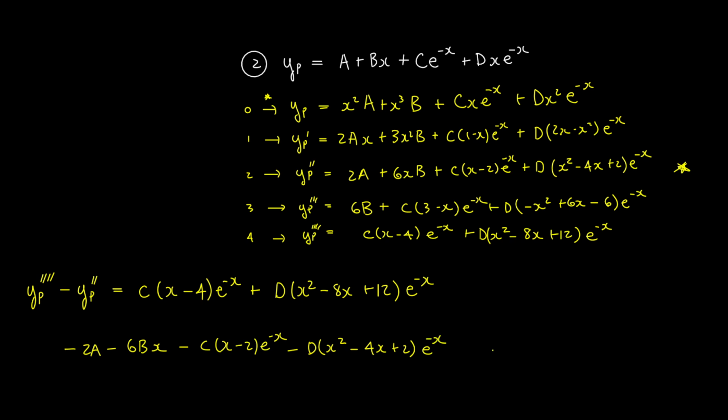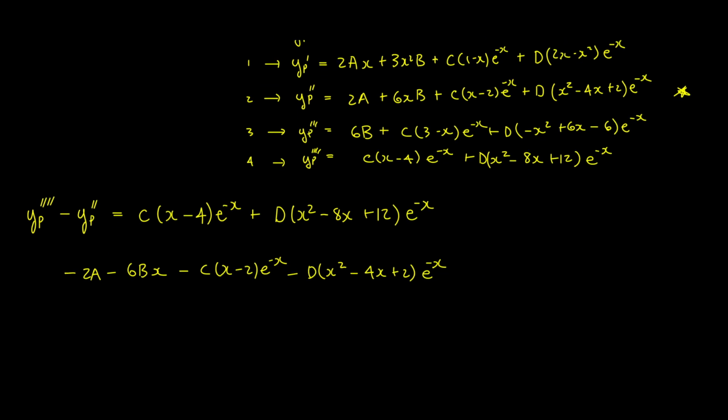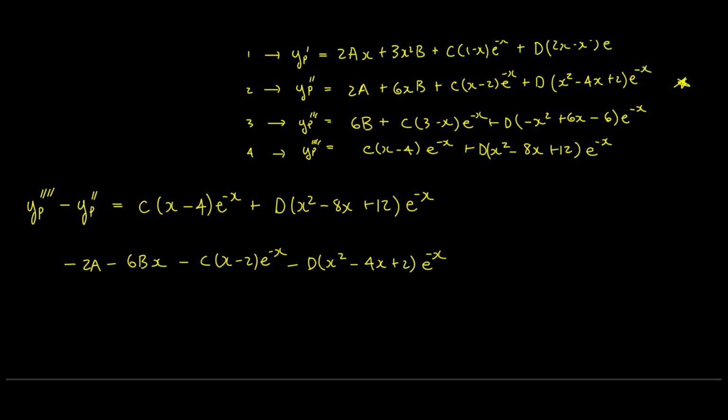Okay, so what does this end up being? The linear term is going to stay the same, so we're going to have negative 2a minus 6bx, and now we can do some cancellations with the c here. The nice thing is that the x's will cancel here, and we just have a negative 2c.